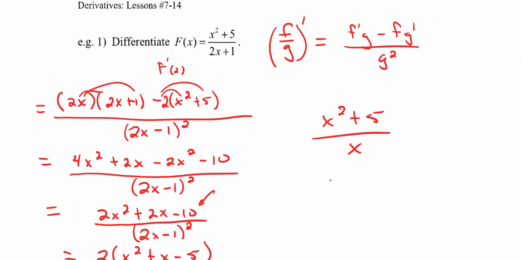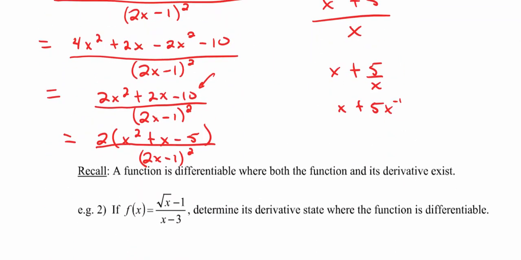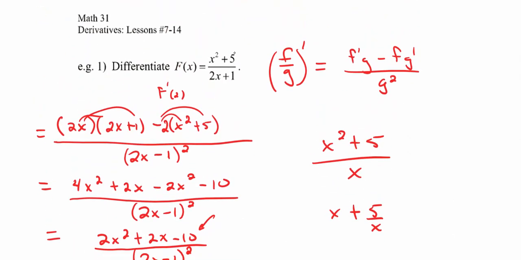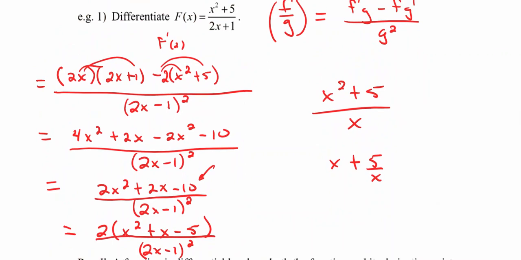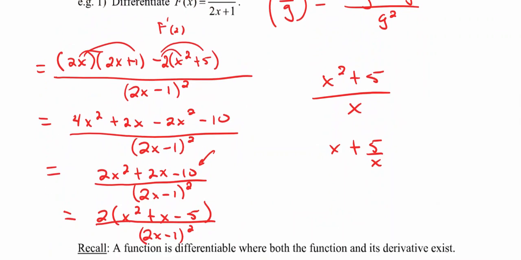So x squared divided by x would be x, plus 5 over x. And then you could rewrite that as x plus 5x to the negative 1. And then, man, that would be easy to take the derivative. You just take the derivative of this, take the derivative of this, and you're done. We weren't able to do that on this one because it was a binomial over a binomial. So just choose when you think it'd be the best time to do it. You could do it all the time, you could do it for this situation as well, but it gets messier than it should, okay?